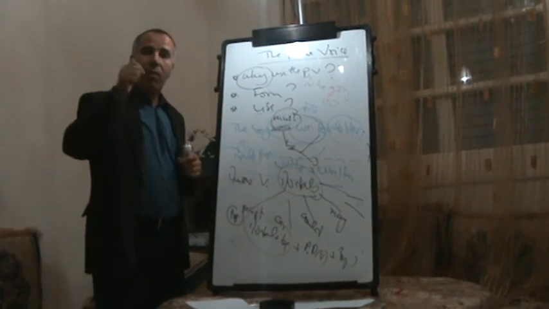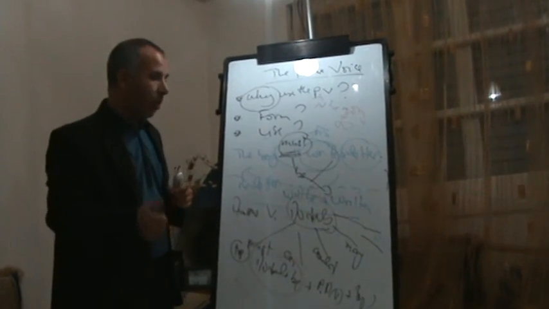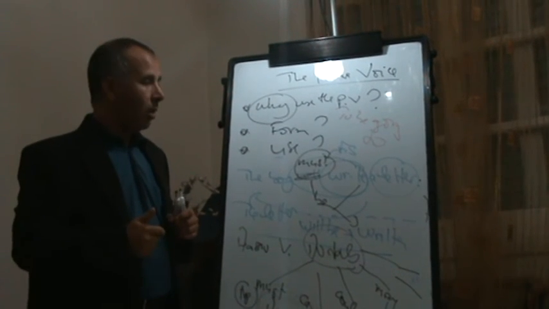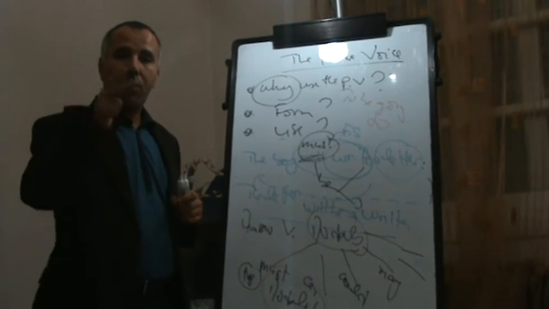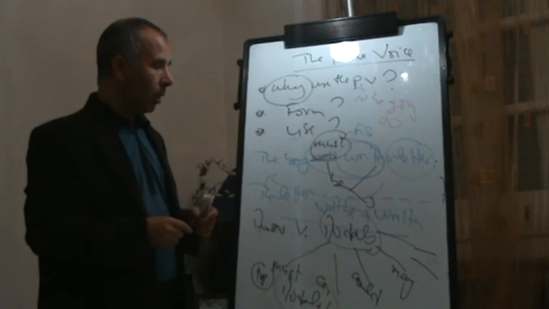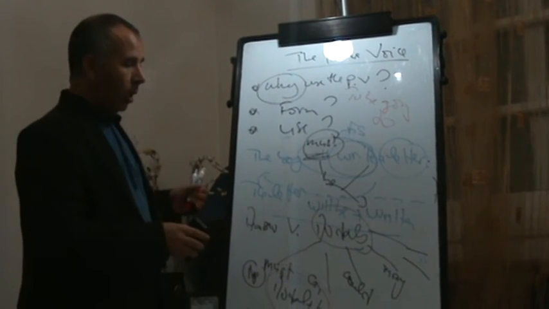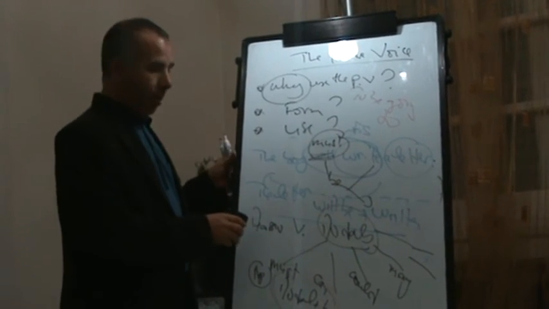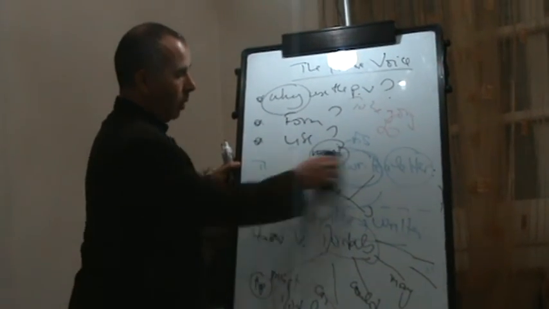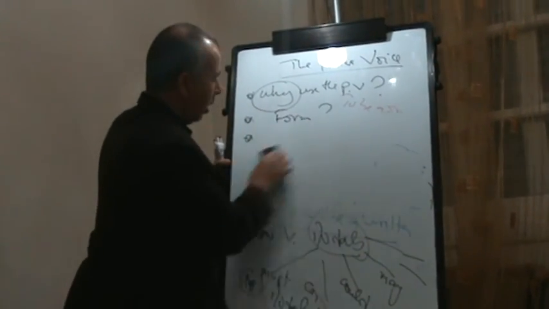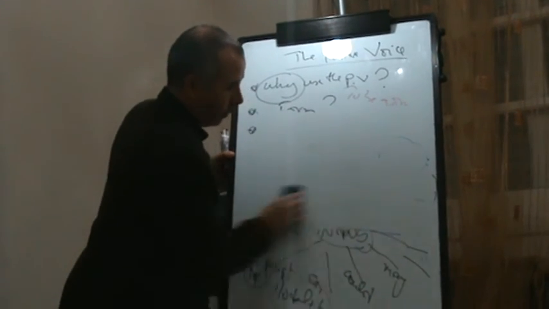The form is, remember, 1, 2, 3. 1 is to be, 2 is the past participle of the verb, 3 is by, which is optional. And finally the use, I've shown many examples that can help you learn this.